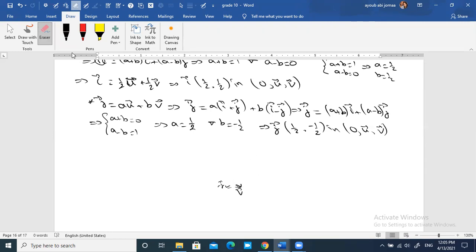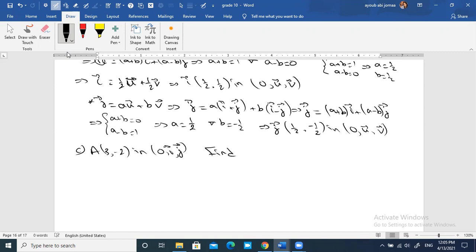Okay? Right. I'm going to add one more part. Part C, not written, I'm going to add it. Let's say you have point A of components 3, negative 2 in the system OIJ.